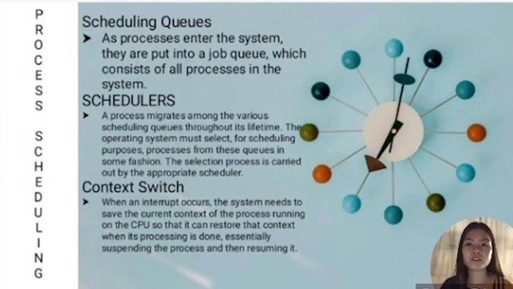Context switching involves storing the context or state of a process so that it can be reloaded when required and execution can resume from the same point as earlier. This is a feature of a multitasking operating system and allows a single CPU to be shared by multiple processes.